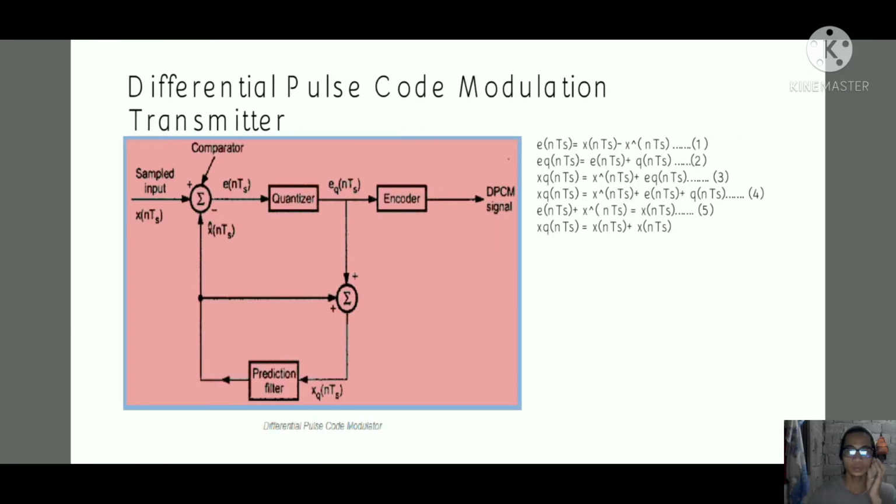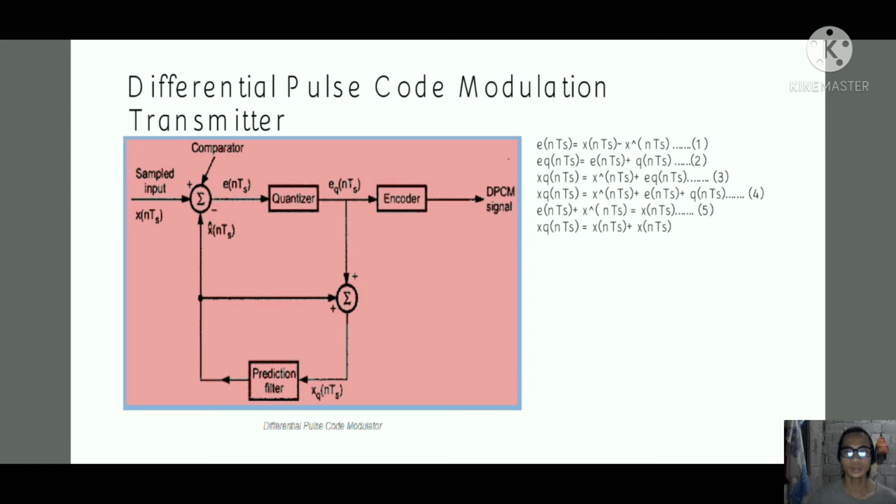Differential pulse code modulation transmitter. Here is shown the DPCM transmitter. The transmitter consists of a comparator, quantizer, prediction filter, and encoder. The sample signal is denoted by x of nTs and the prediction signal is indicated by x-hat of nTs.